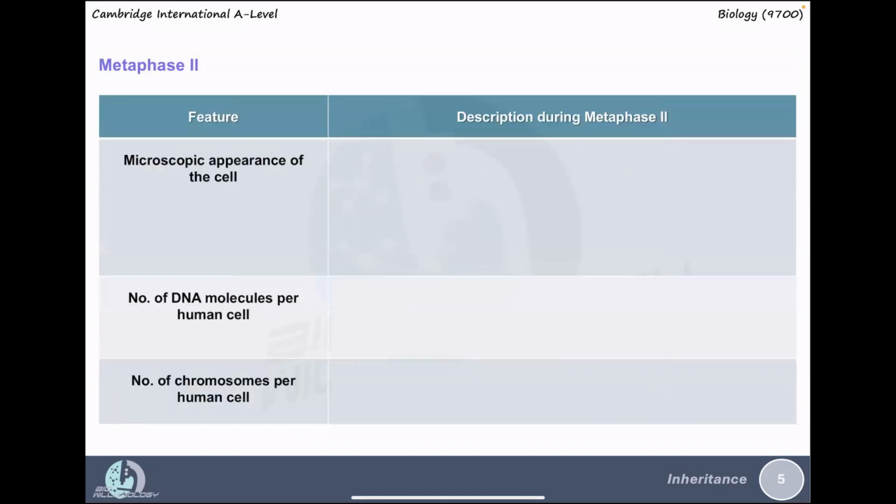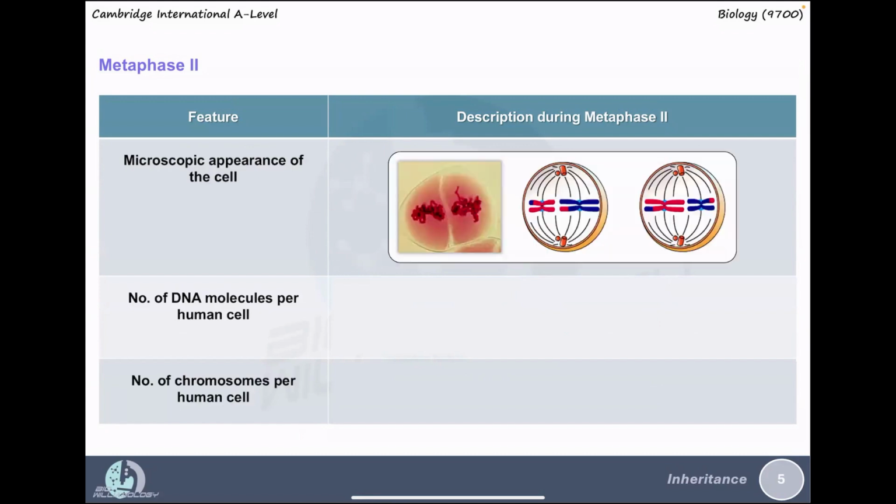Next, let us look at metaphase 2. From the diagram, we can see that chromosomes now align randomly at the metaphase plate, and each centromere's kinetochore is attached to a kinetochore microtubule from the centrosome at the opposite pole.